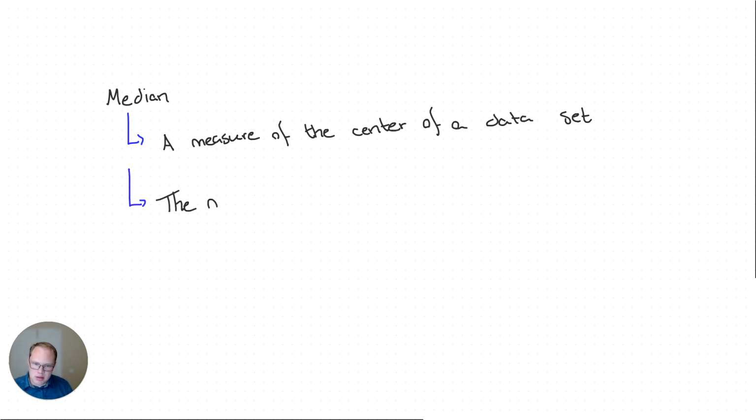The median splits a data set into two groups.